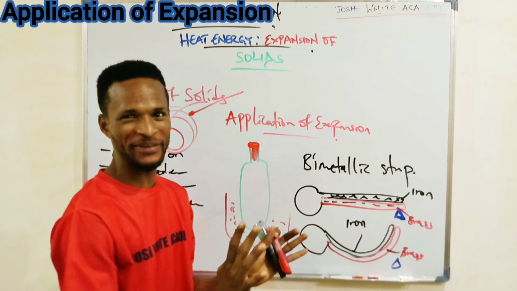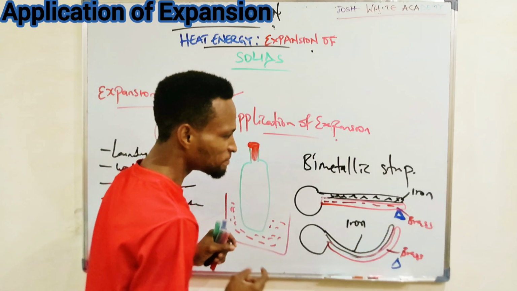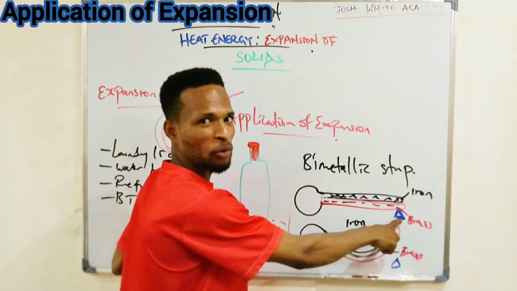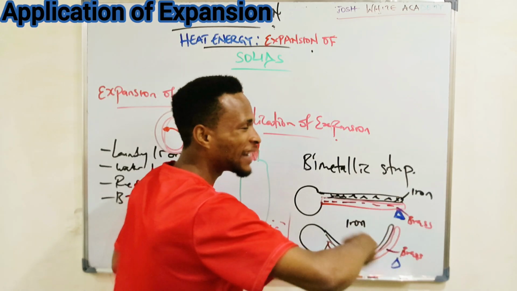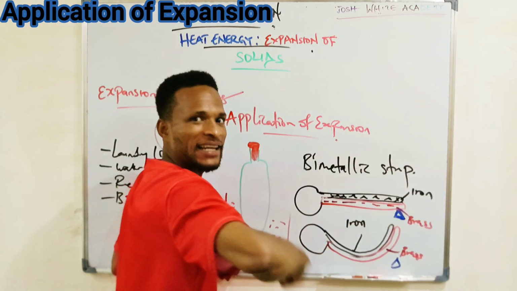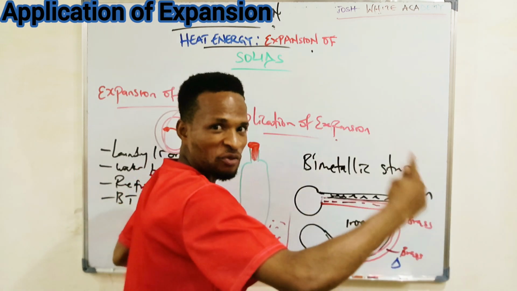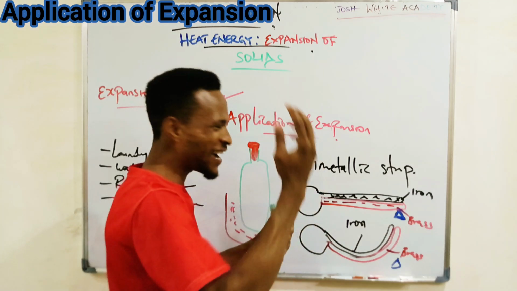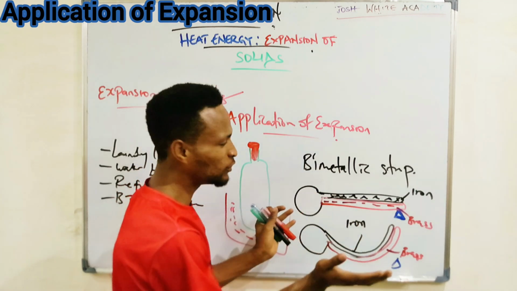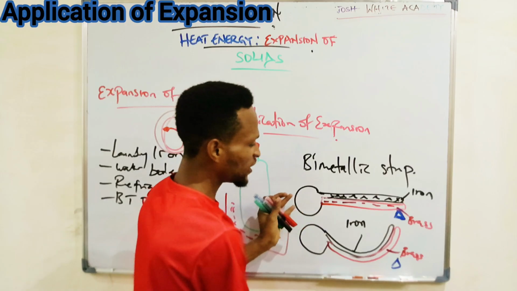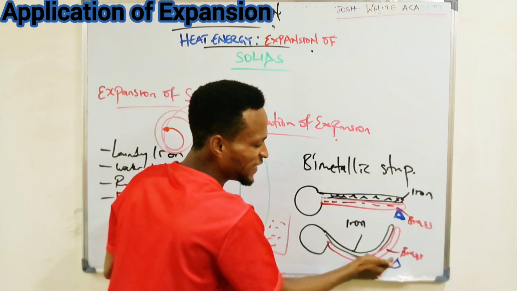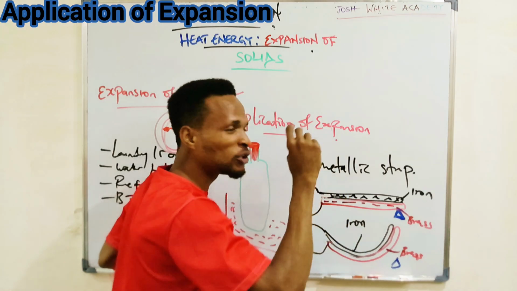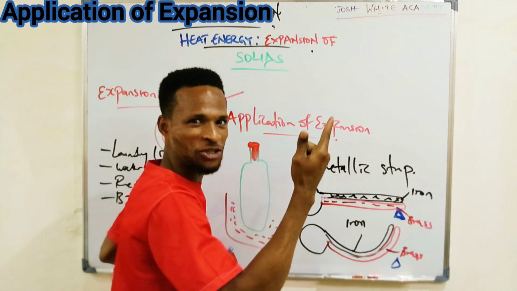What happens simply is the bimetallic strip, when the iron is on, is in contact with this point, which means it's allowing electricity to pass through, which is then converted to heat. So as the temperature begins to rise, the brass will now expand, thereby bending, taking itself away from the contact point. So it will switch off the circuit.